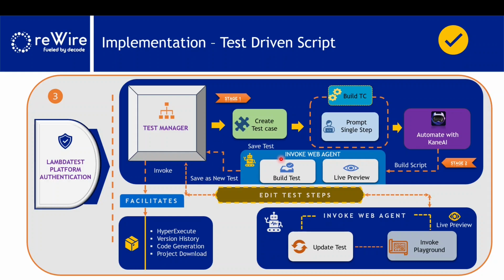There is some clarification needed here, might be a feature I'll clarify with the LambdaTest team, because once we create the test, it again asks the user to save that test into the test manager instead of embedding the script into the created test.